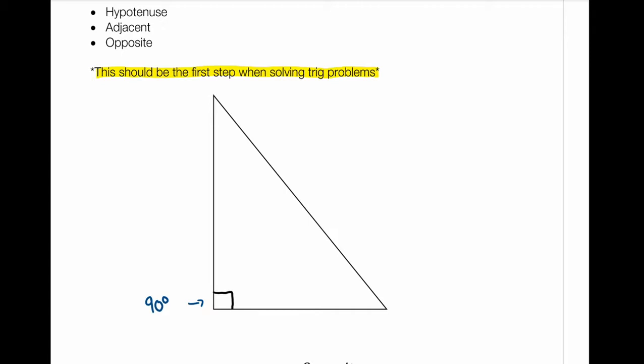In order to label the three sides, we need to understand the characteristics of them. The hypotenuse should be a little bit familiar from grade 9, and the hypotenuse is the longest side. In this case, this is the longest side of our right-angled triangle. In some cases, we may not recognize what the longest side is, or it may be too close in length to some of the other ones.